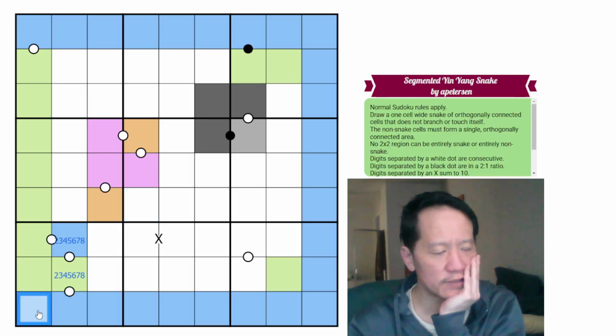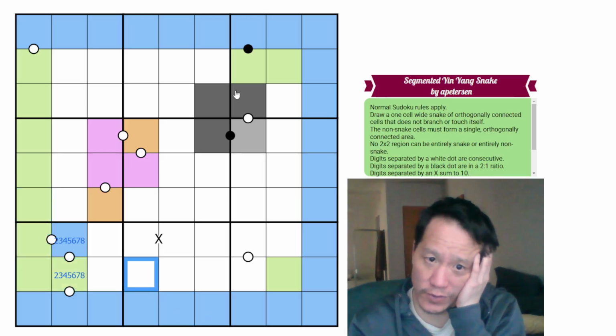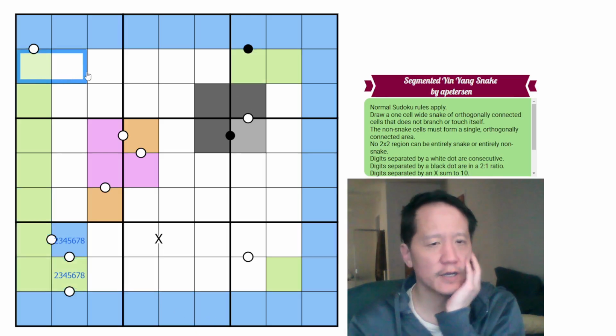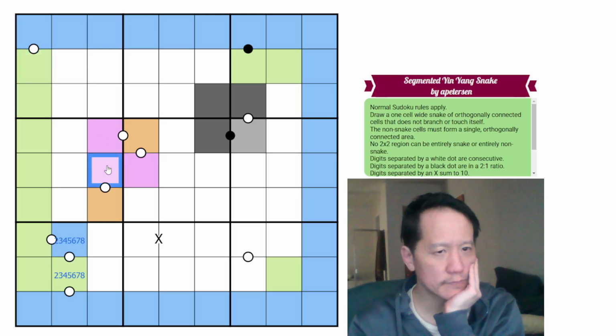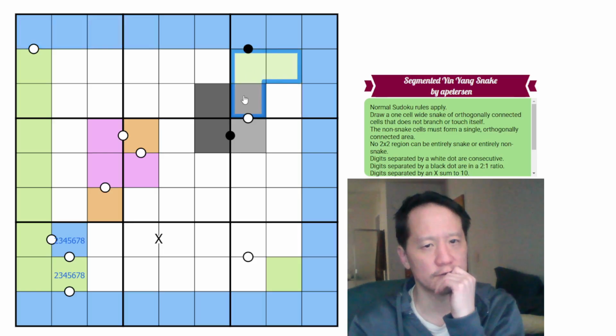We do know that that has to be non-snake because this goes here and then goes that way, right? But this doesn't actually have to continue that way. We know these are the same. This doesn't actually have to continue that way either.